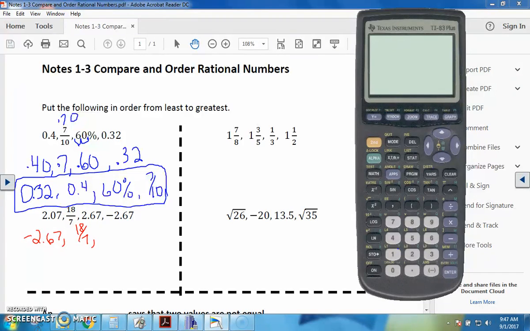Okay, what's next? What's our next largest number? It's going to be 2 and 7 hundredths. And then last it would be 2 and 67 hundredths.